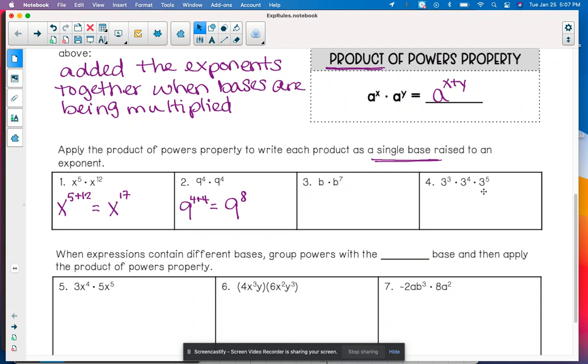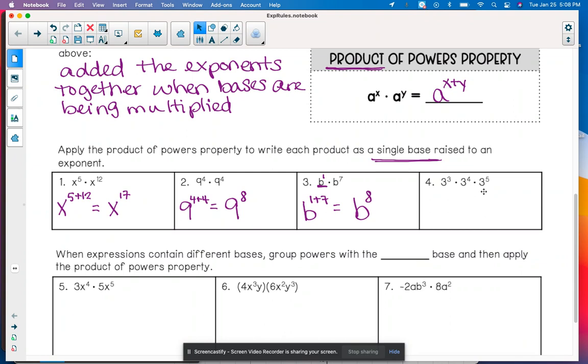For the next problem, I don't really see an exponent right here with the first b, and if there is no number there, it's always an understood 1, just like everything else we do. It's always 1 if there's no number written. So b to the first and b to the second, 7th, 1 plus 7 equals b to the 8th.